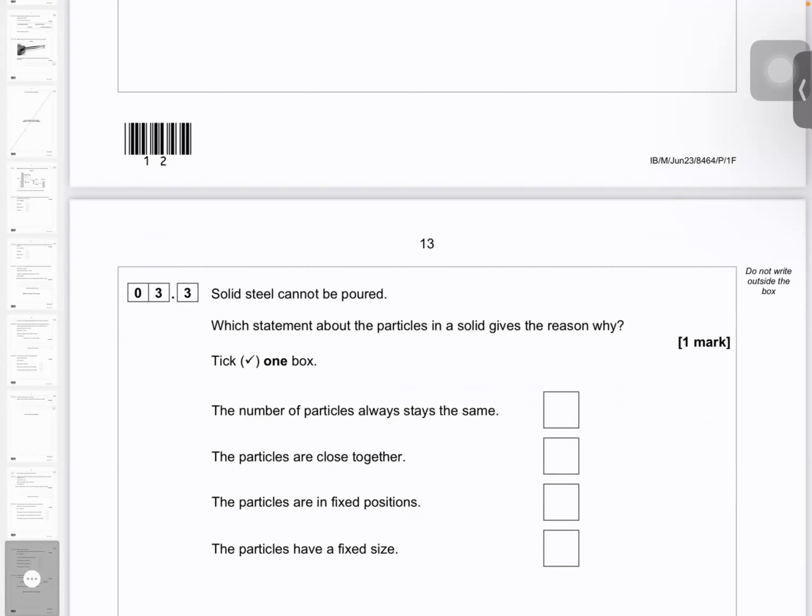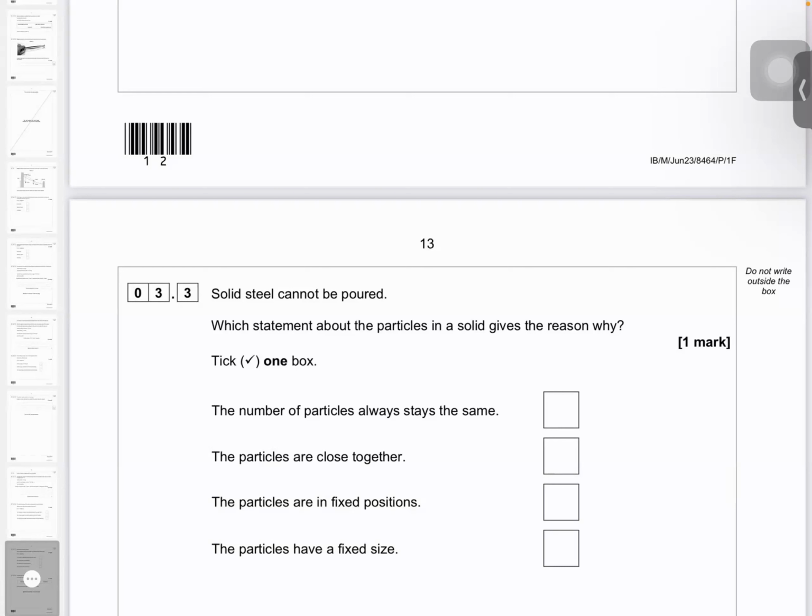Is that why? No. I would go with the particles are in fixed positions. Yes, I'll go with that one, the third one. It's not because they have a fixed size. I mean, that one gives itself away as a wrong option. They are in fixed positions.